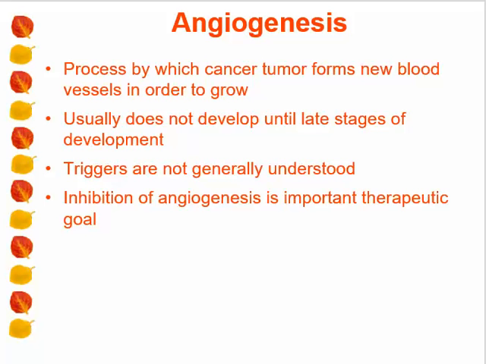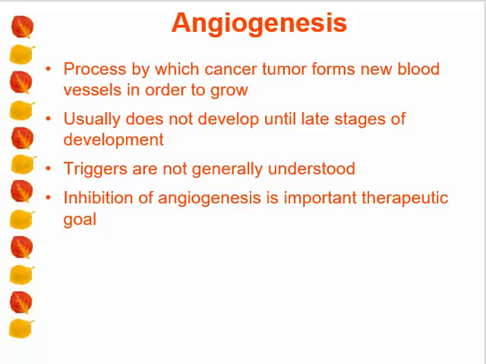Malignant tumors often become very difficult to treat because they actually will grow blood vessels into the tumor itself, and the tumor will be nourished by the body. And we call this angiogenesis. It's growing new blood vessels in order to supply the tumor itself.